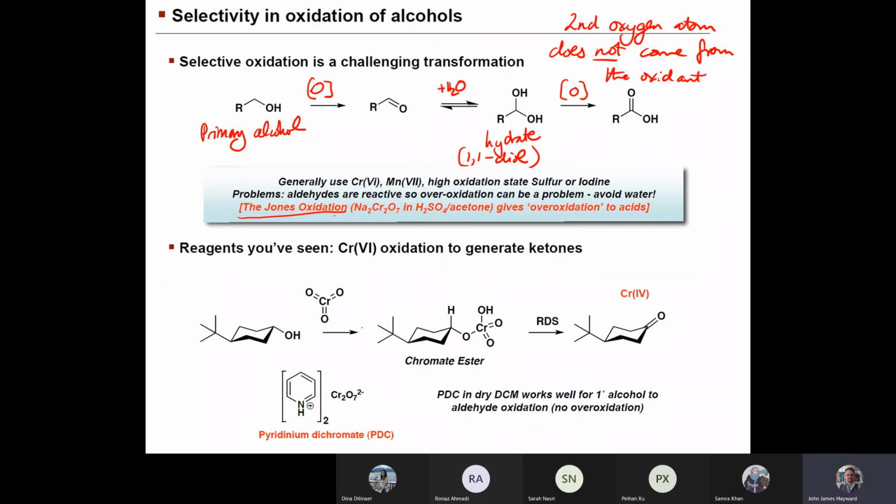And if you ask most undergrads and even some grad students where the second oxygen in a carboxylic acid comes from, a lot of people will say the oxidant, and it is entirely wrong. There are some cases where it's true, but certainly all the most common oxidations, it is not the case.